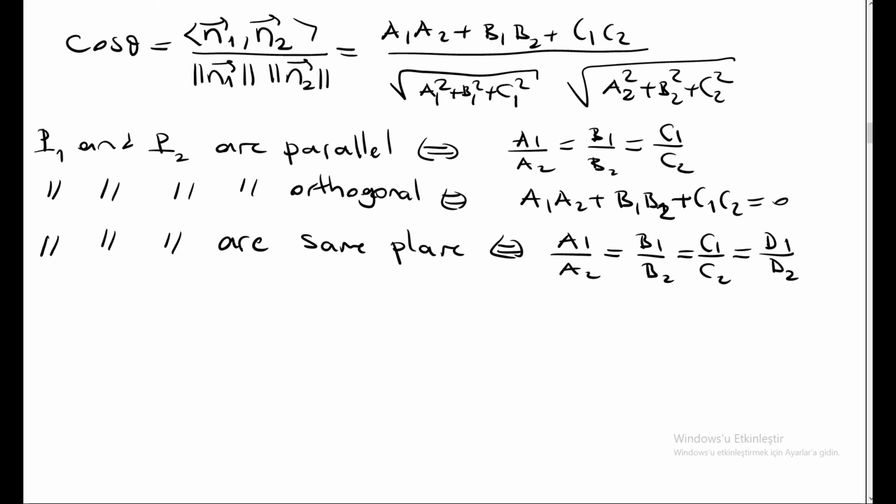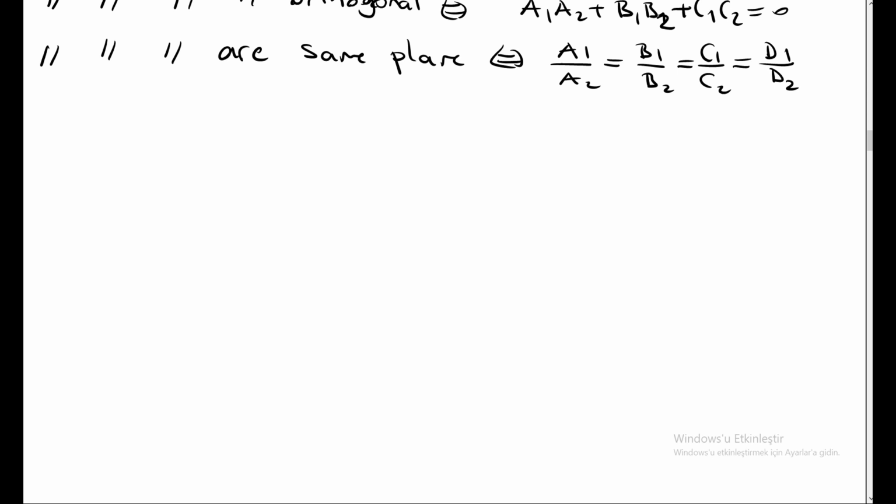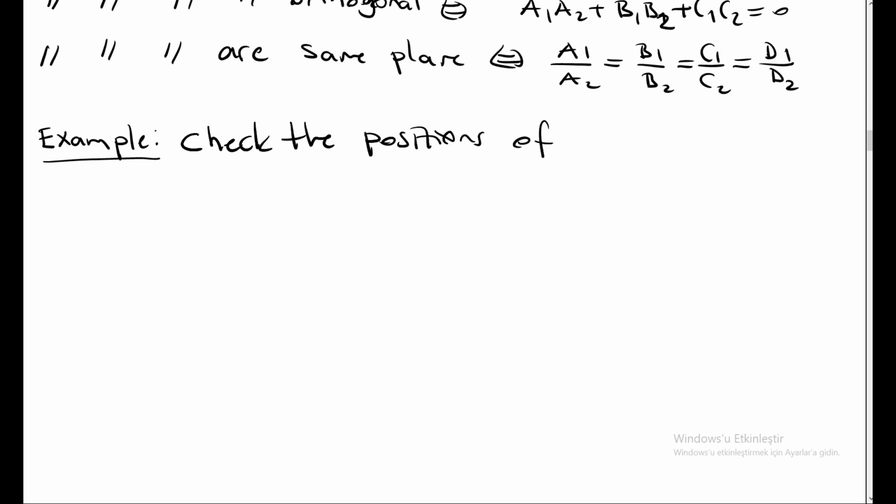Okay, let me consider this example. Check the positions of the planes x minus y plus 5 equals 0 and x plus z minus 3 equals 0.